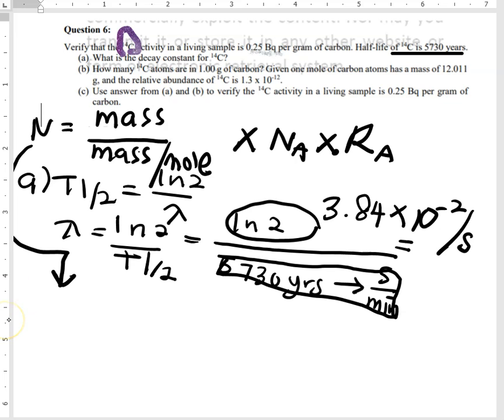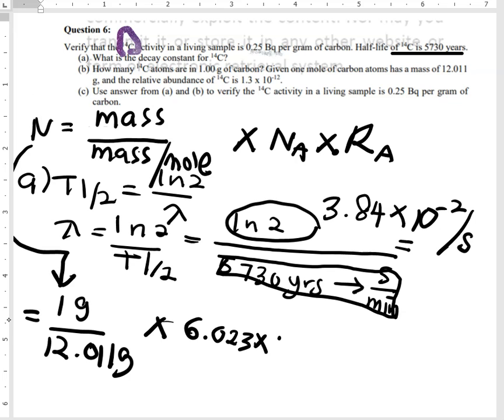Substitute everything into this. You will get N is equal to 1 gram over 12.011 grams per mole, times Avogadro's number, which is 6.023 times 10 to the power of 23, and times the abundance, which is 1.3 times 10 to the power of -12.